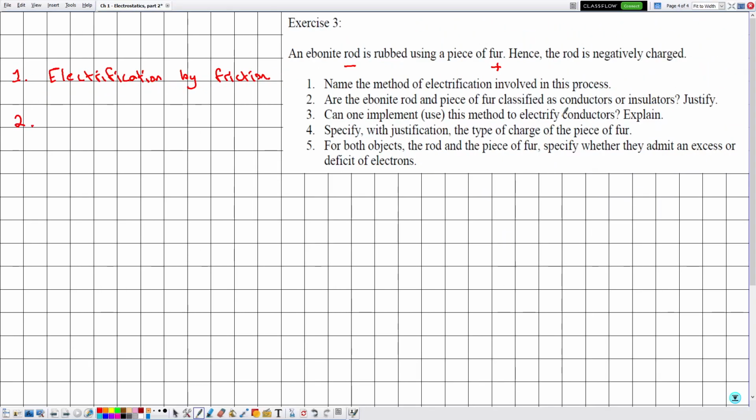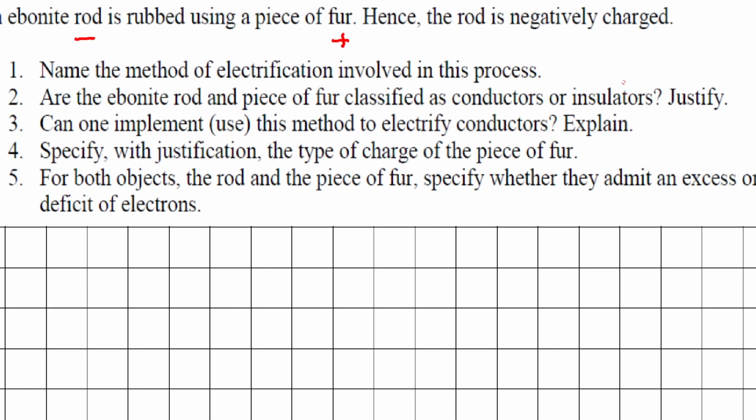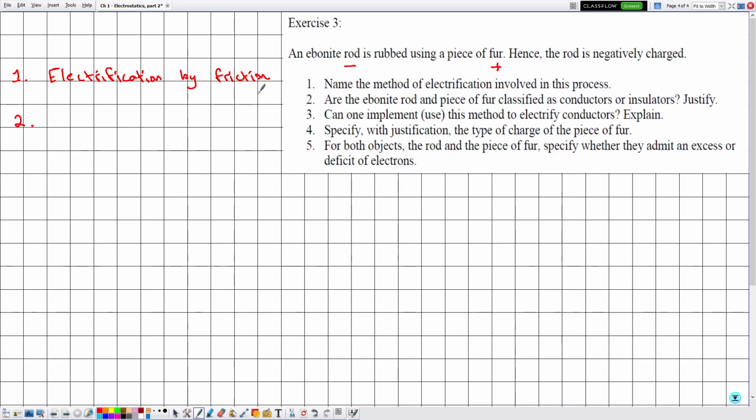Now in number 2 they are telling us, are the ebonite rod and the piece of fur classified as conductors or insulators? Justify. Now because electrification by friction is used for insulators, then the ebonite rod and the fur are insulators. Then let me say, since friction is used to electrify insulators, then they are insulators.